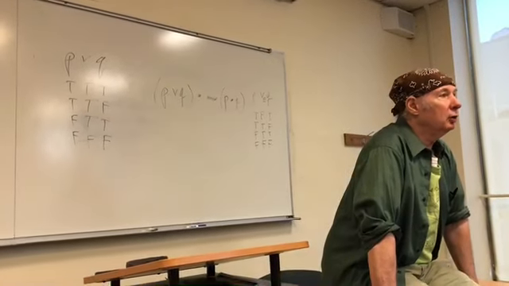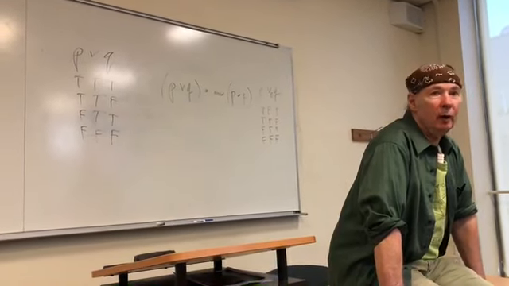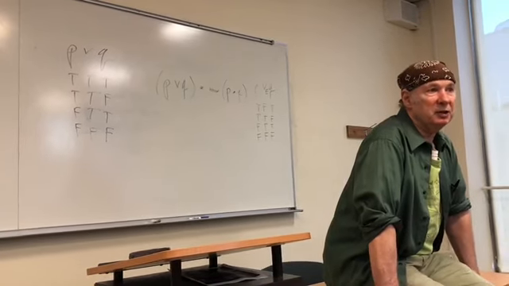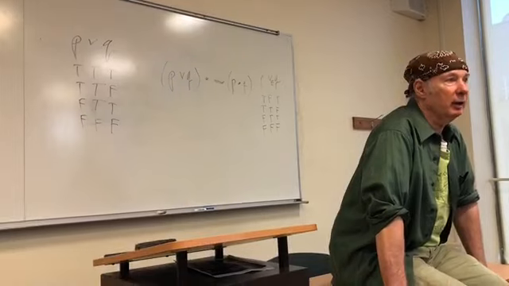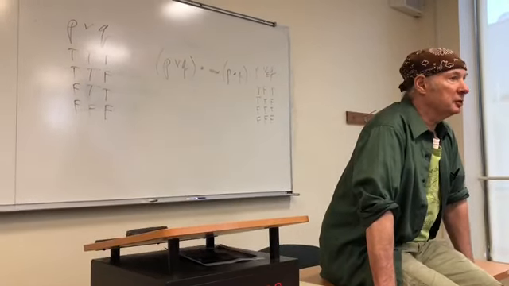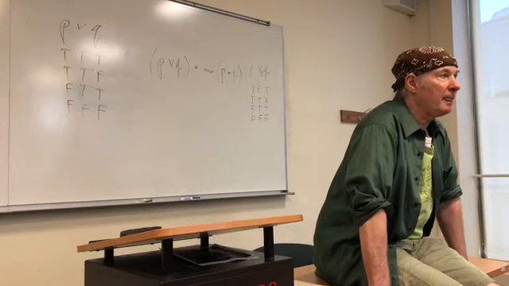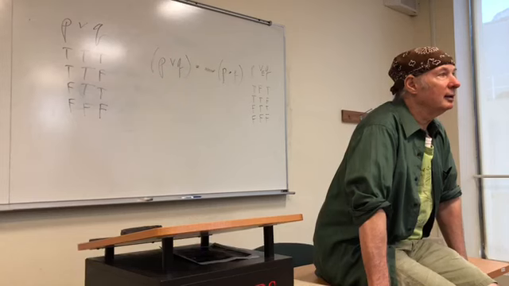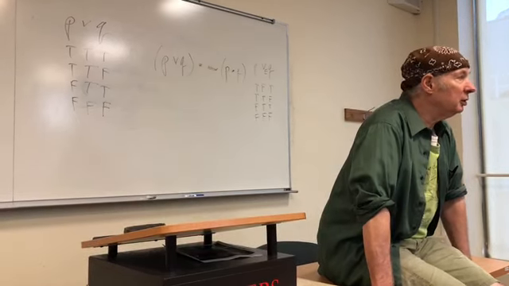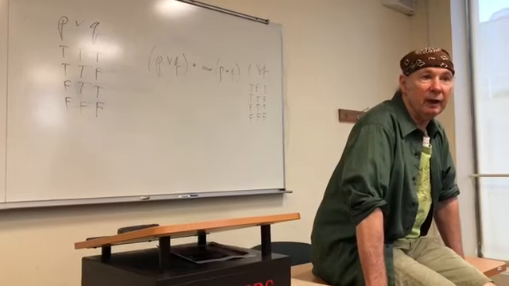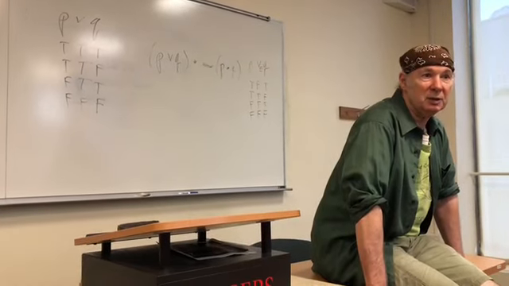And then you use the formula 2 to the n, where n represents the number of distinct variables or atomic sentences, to determine how many rows there'll be in your truth table. And there'll be 4. And next, you fill in the columns underneath each variable or each atomic sentence.